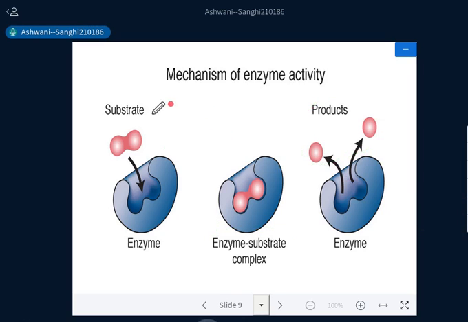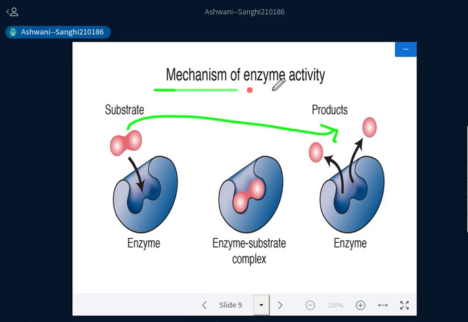You can see here this substrate is converted into the product and the enzyme remains as such. There is no effect on the enzyme. Substrate binds to the enzyme and is converted into the product.